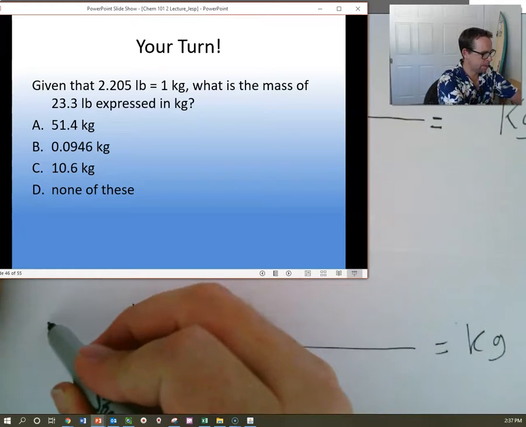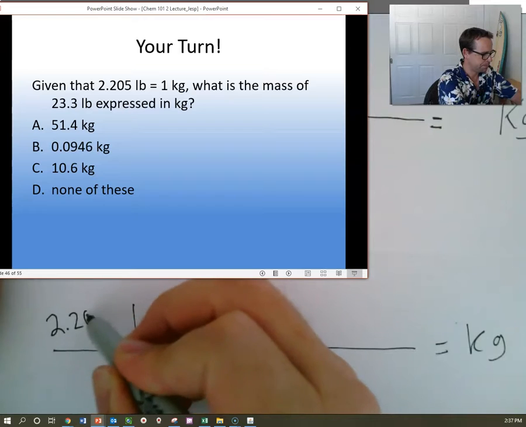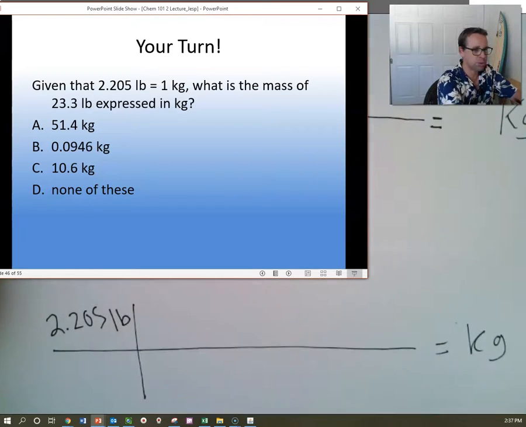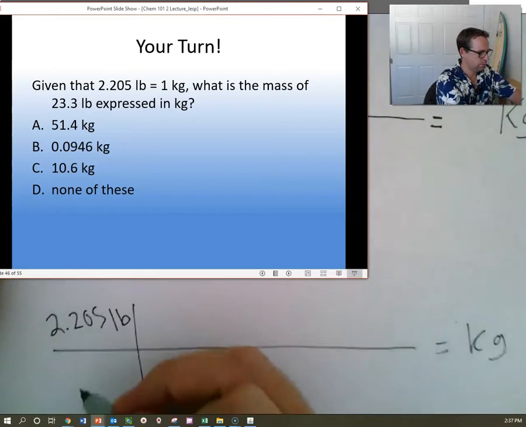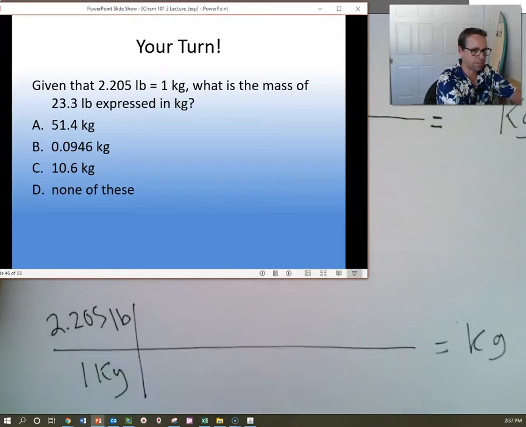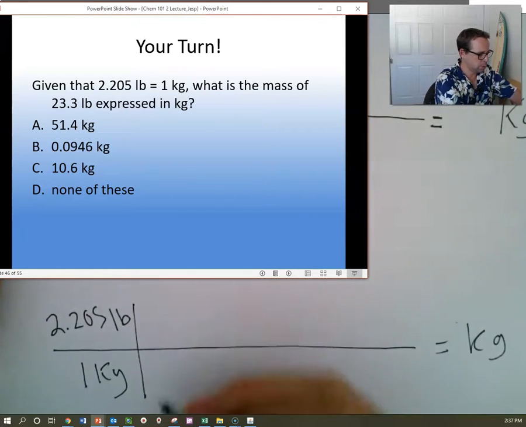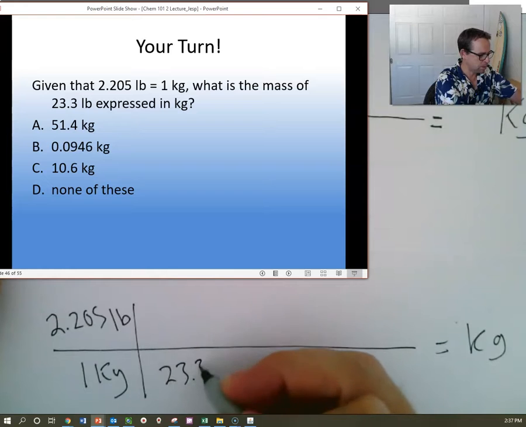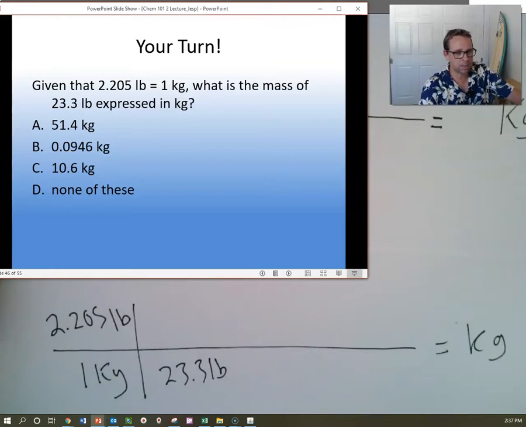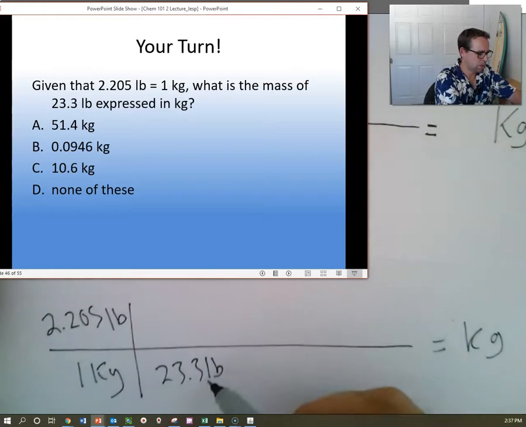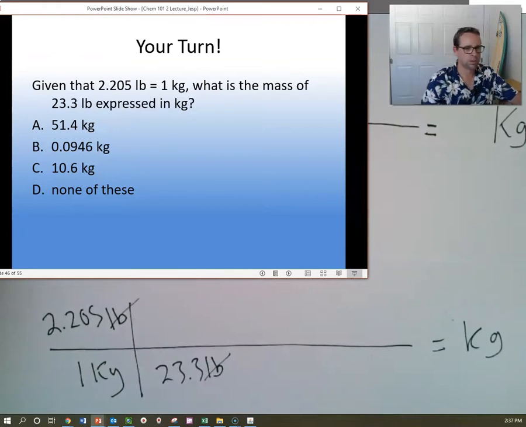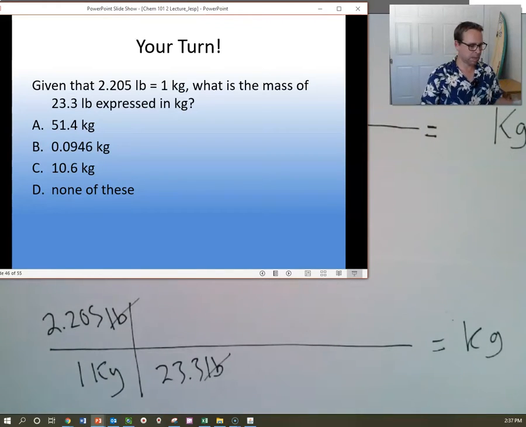Well, let's see what would happen. So that we'd still have them cancel out, right? But if I put in 2.205 pounds for every 1 kilogram, then the 23.3 pounds would have to be down here, right? Oh, I see. And then my units that I'm ending up with would actually be 1 over kilograms.